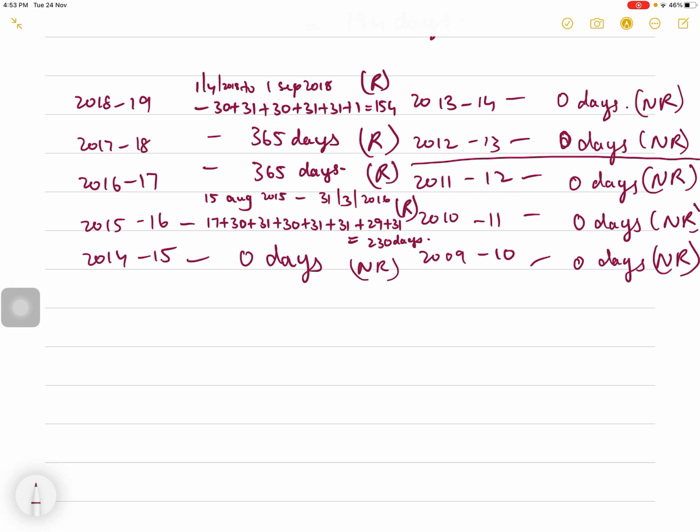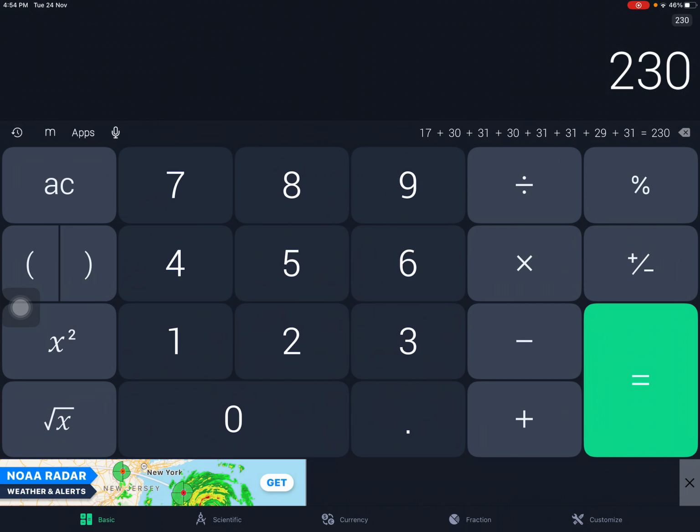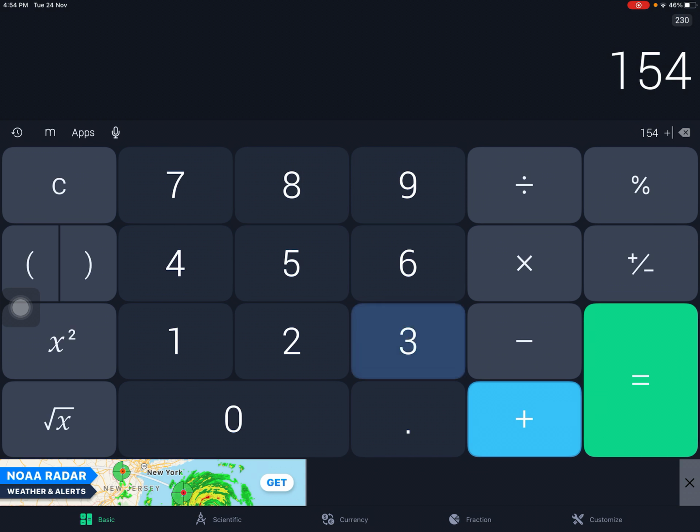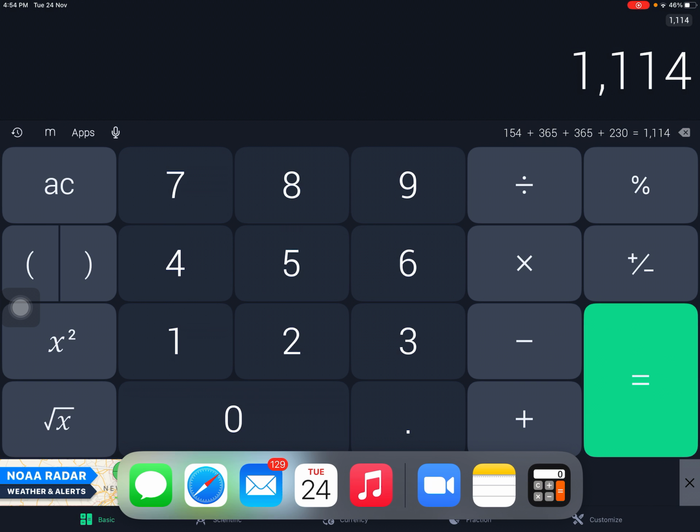His stay in India during these years is 154 plus 365 plus 365 plus 230. So it comes to 1114.